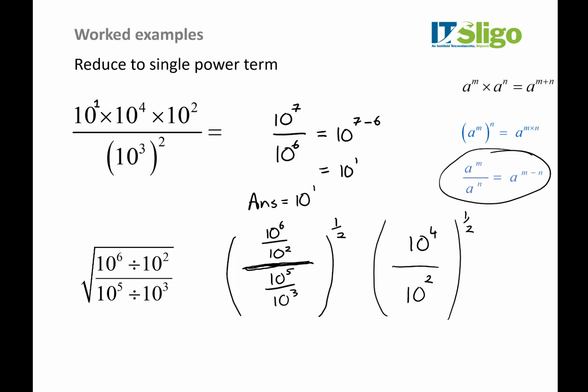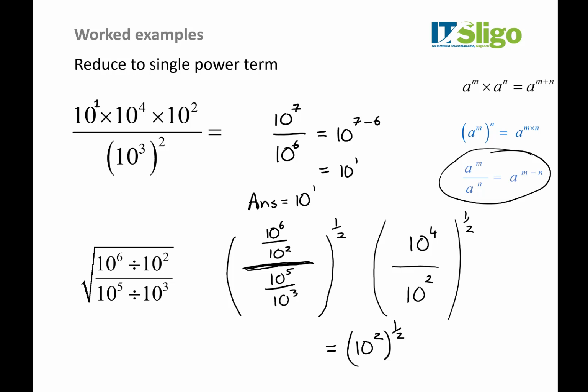Again, now inside the brackets, remember BODMAS. 10 to the power of 4, that becomes upper power minus the lower power. So that will give me 10 to the power of 2. This is still waiting outside.